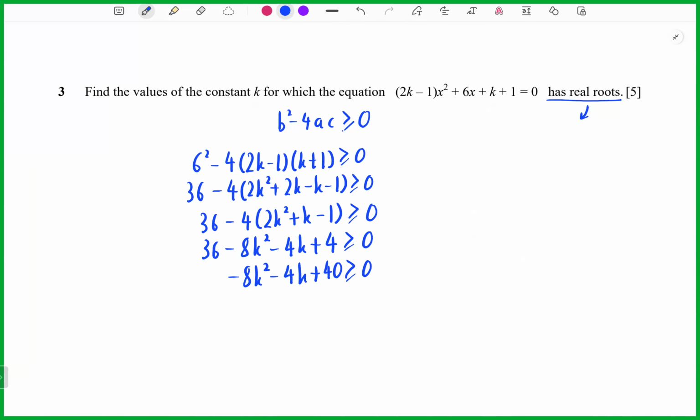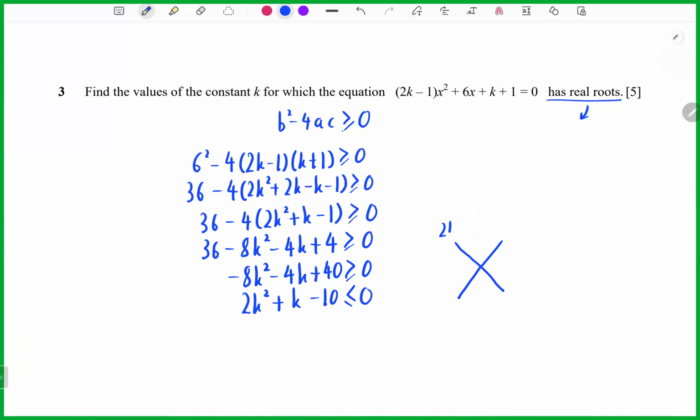We can divide by negative 4, so I will get 2k squared plus k minus 10. But you should change this sign, because we already multiplied by the negative. Now we can try to factorize.